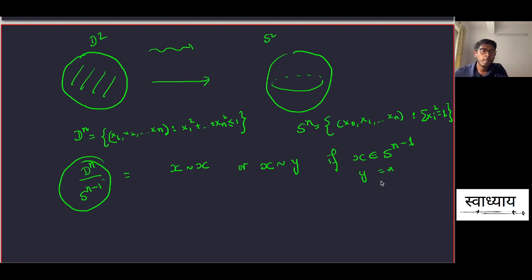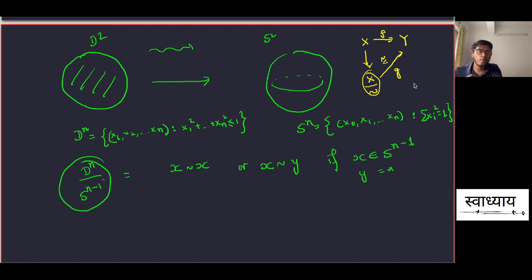So we recall that we have a very important theorem which says that if we have a continuous map from X to Y, where Y is Hausdorff and X is compact, such that the map f preserves the equivalence relation, then I'll be getting a continuous map from the quotient to Y. And since Y is Hausdorff and this is compact, if this map is surjective, bijective, we'll be getting a homeomorphism.